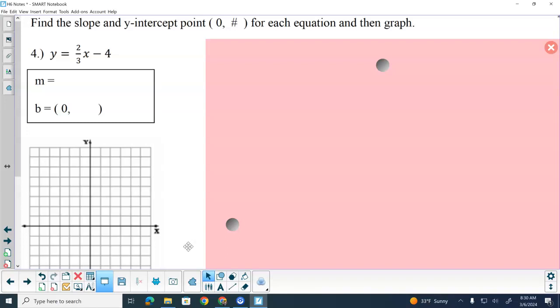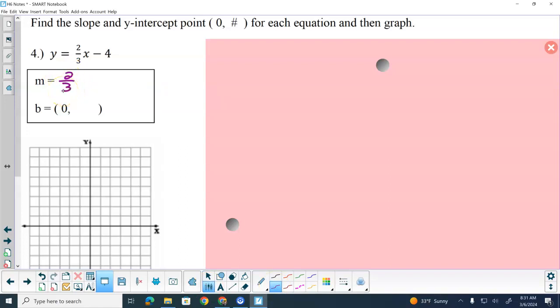Austin, what do you got for me, buddy? Is it 2/3 x or just 2/3? Just 2/3, and which one is that? The slope. Yes, it would be. The slope is 2/3. Love it.